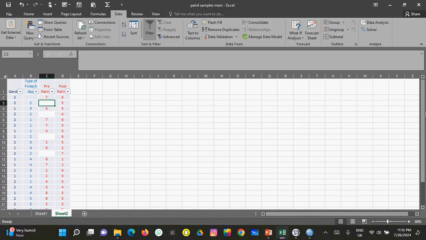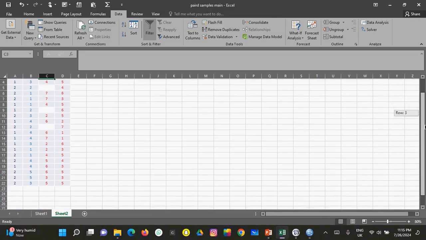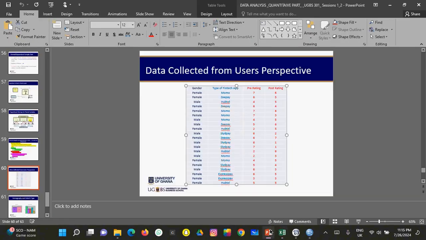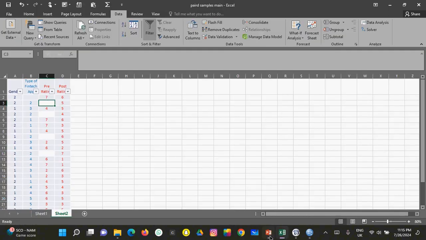What's going on here? Why are some of the figures missing? Wow, some of the figures are coming. All right, well, let me put it in there.